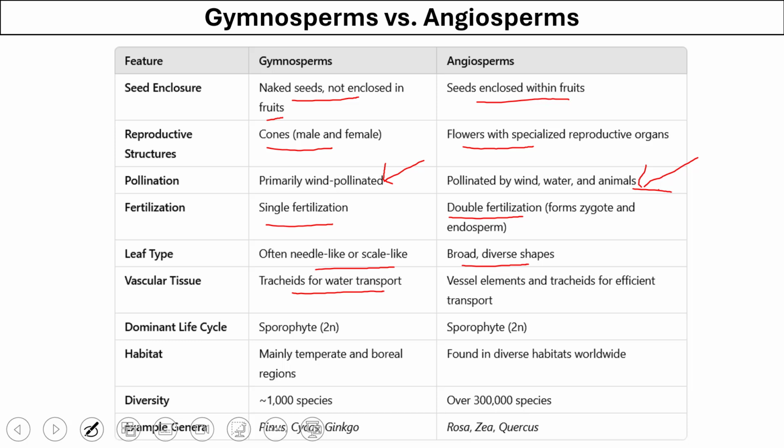In both angiosperms and gymnosperms, the dominant life phase is the sporophyte, which is a diploid structure. Gymnosperms are mainly present in temperate regions, whereas the angiosperms are found all over the world. And angiosperms are much more diverse and they have more species under this group of plants than the gymnosperms.